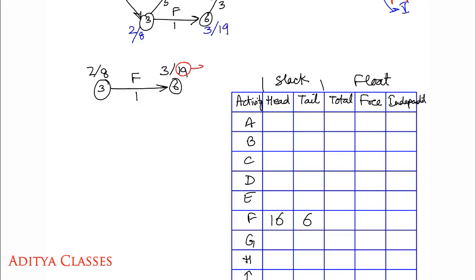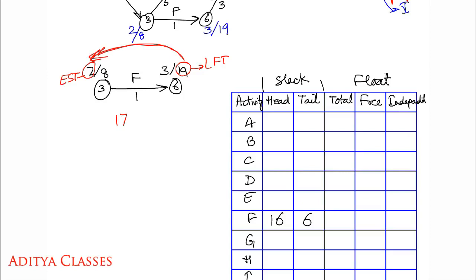Now, what about total float? In total float, look at these times very carefully. This is the maximum possible time that F can last for. This is the latest finish time. And 2 is the earliest possible time where F can touch this network. So this is the earliest start time. What are the differences in these two? 19 minus 2, 17. So what about total float?